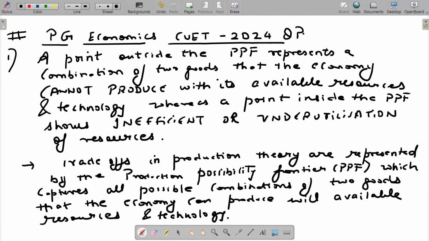Okay, so when I talk about trade-off, it is represented only when you move along the PPF.